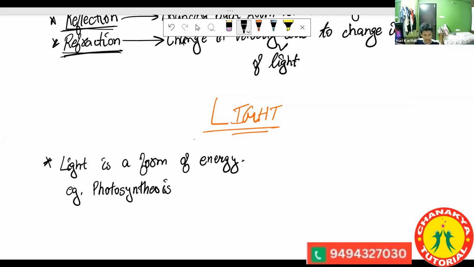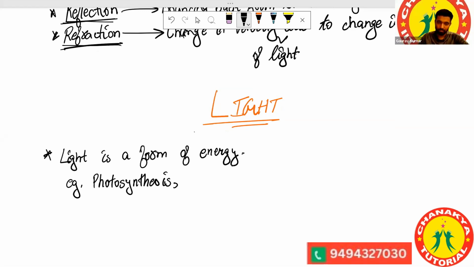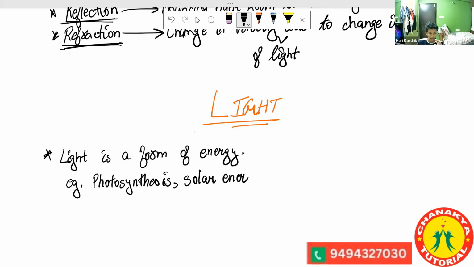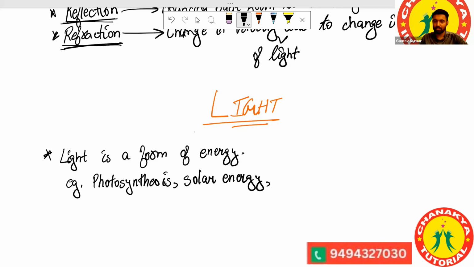Solar energy. Very good. Also, sir, electronic gadgets which use screens convert electrical energy into light energy. Yes, we can say they convert electrical energy into light.